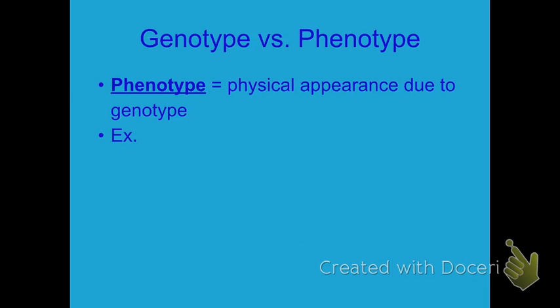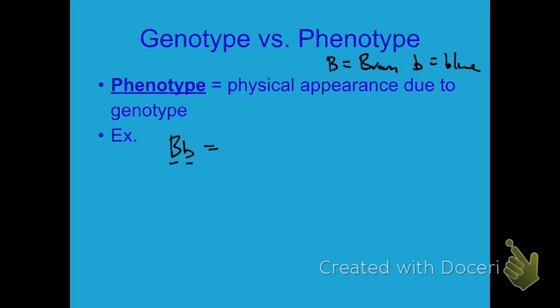The phenotype is your physical trait. So let's just remind ourselves that big B is brown, little b is blue. So in this example, your phenotype is a physical trait. If you're heterozygous, then you have a dominant and a recessive.